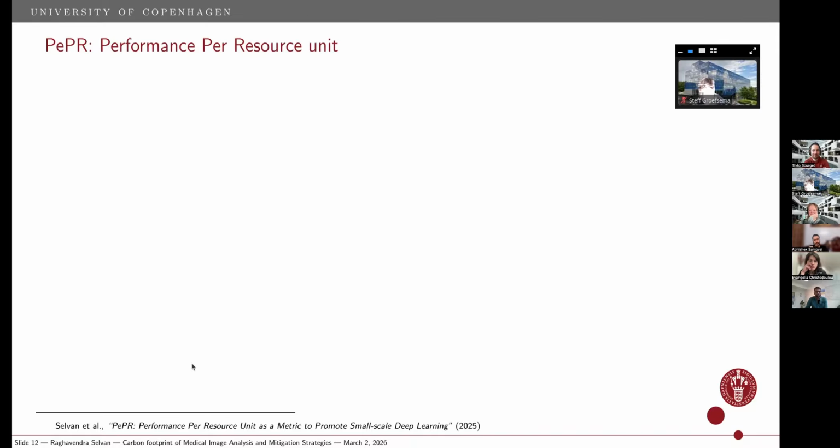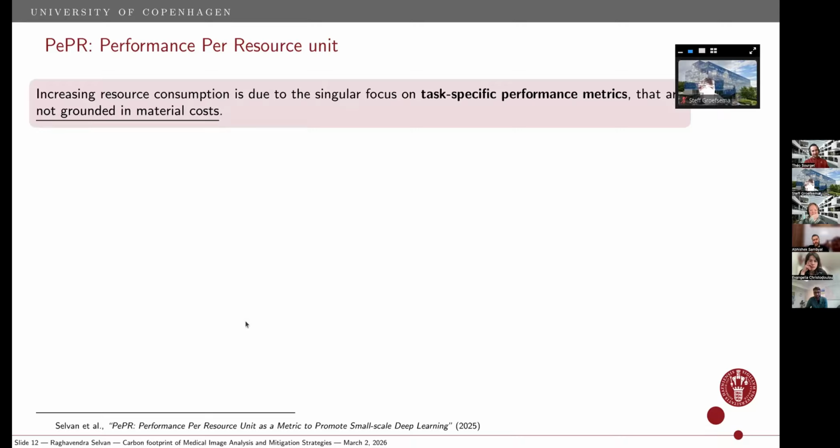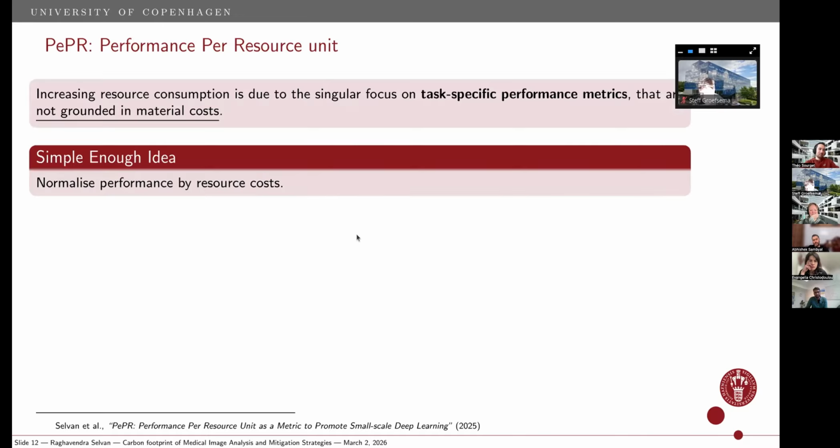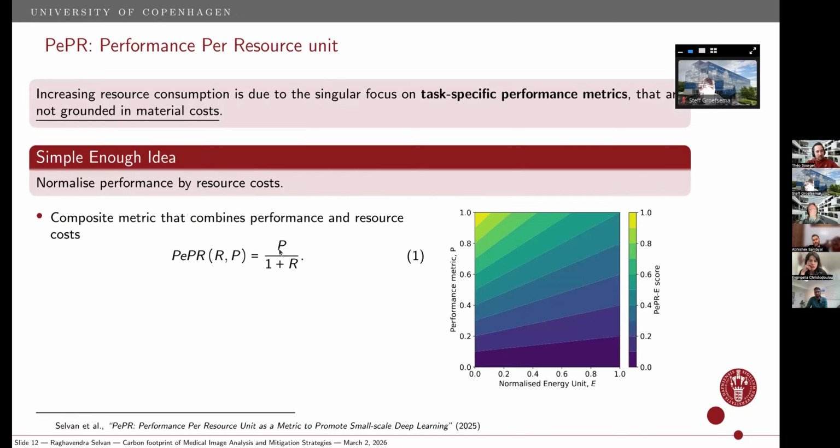So in that regard, performance per resource unit as a simple idea, like I said, is that you take whatever performance metric you have, and then you normalize it by a resource metric, which also lives within 0 and 1. Meaning you have normalized it between some min-max range, and then it gives you very interesting behavior.